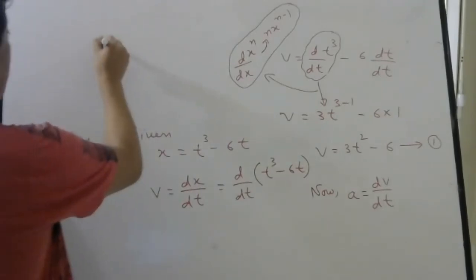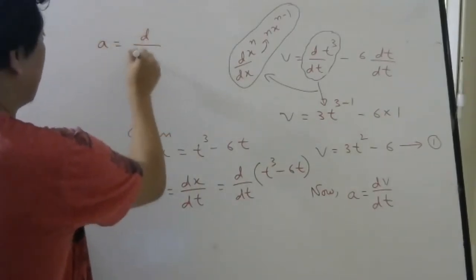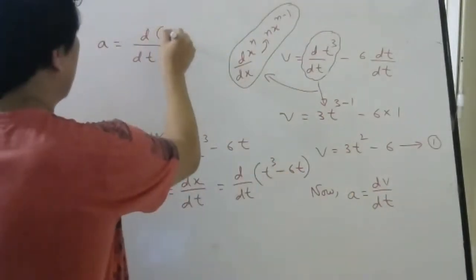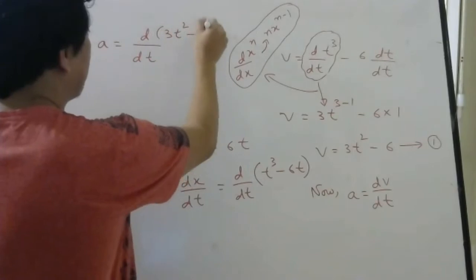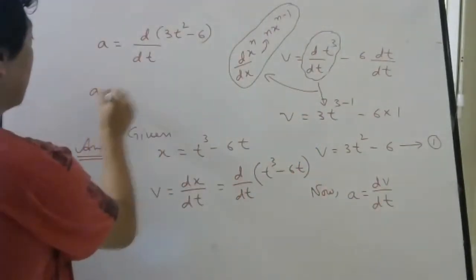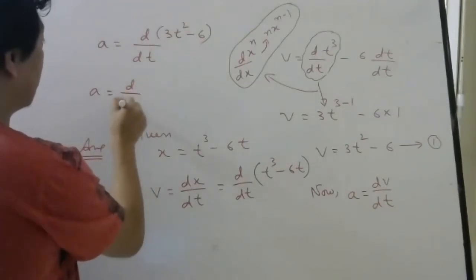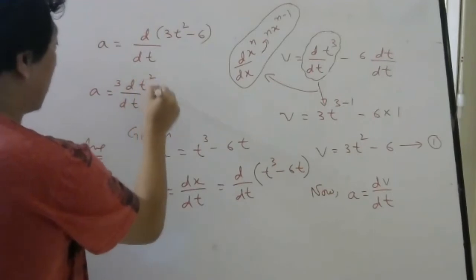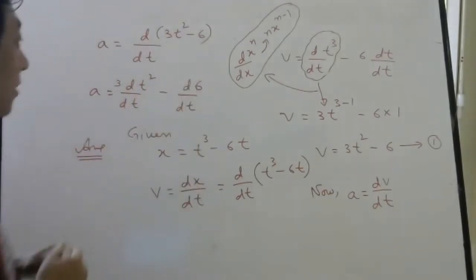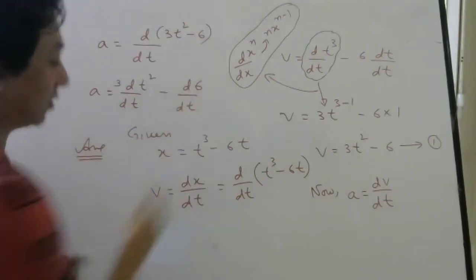So acceleration will be differentiation of v. What is v? I found 3t square minus 6. This v you have to substitute here. Then apply the formula. First, 3 you can take outside. Differentiation of t square, and next one is differentiation of 6. Don't take 6 also outside, then nothing will be there.